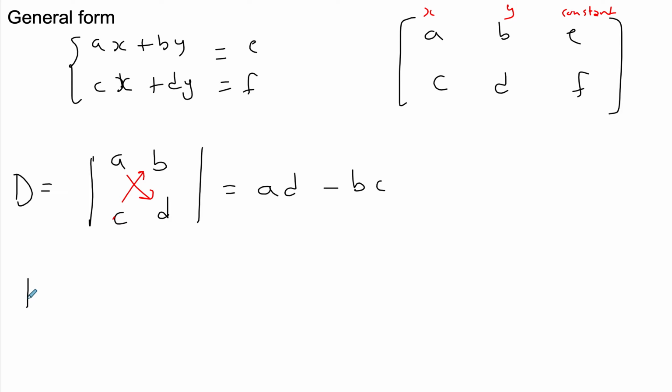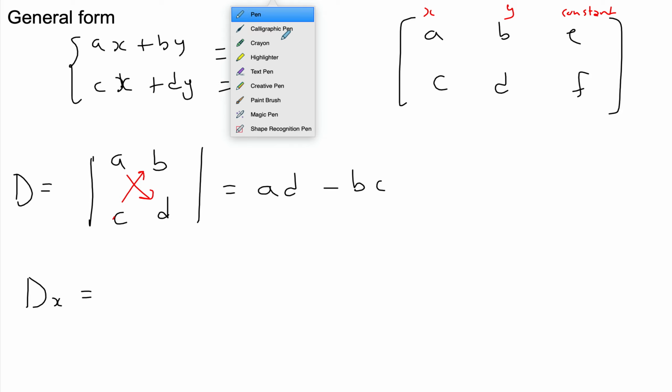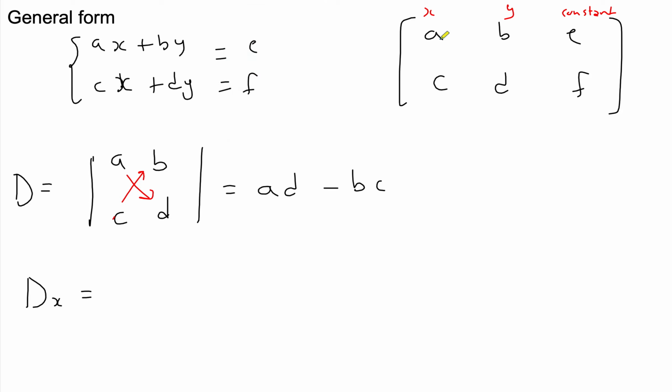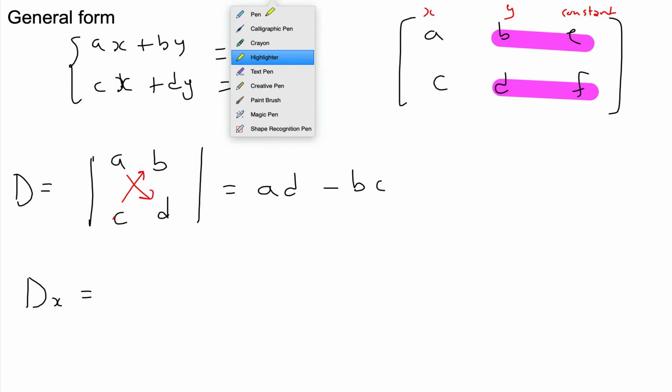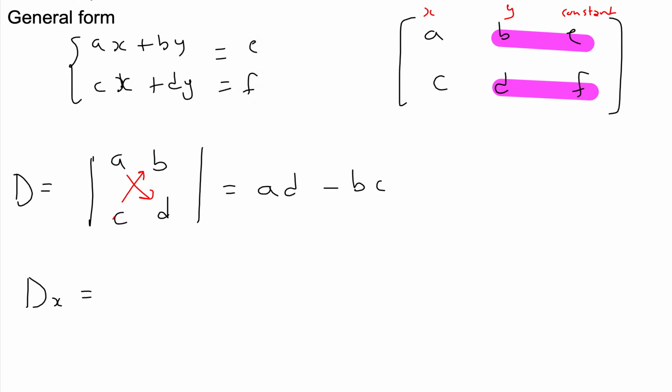And then we also find other determinants, which are first the determinant of x. I'm not going to go through the technicality of why I'm doing this, but there are two things you're going to do. For the determinant of x, you're going to hide the x, which means that these are the values you're going to take, but we're going to have to switch them.